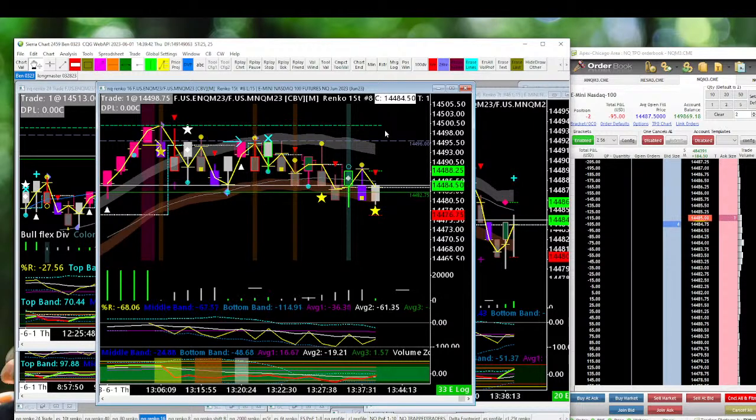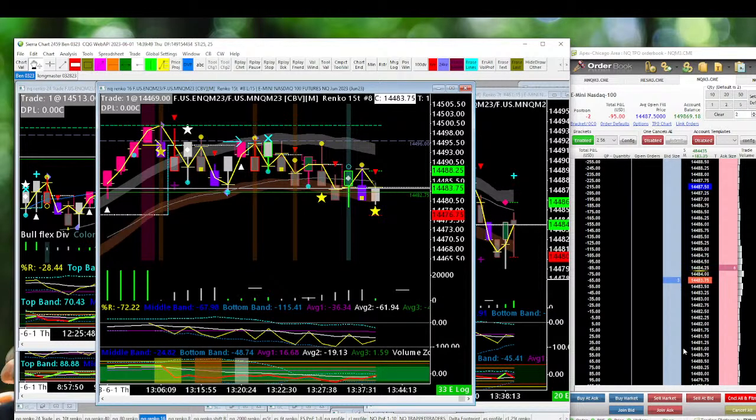Realistically, I can probably move my stop to like 97, in case they just rocket it, which we've all seen. So see how that dotted line, they're working on it.